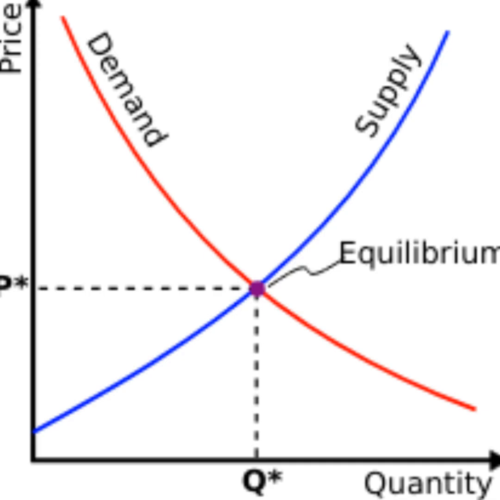Let's start with the law of demand. This law states that all else being equal, which we call in economics ceteris paribus, or all else held constant, as the price of a good or service increases, the quantity demanded decreases. Okay?